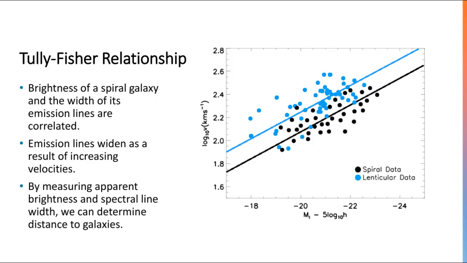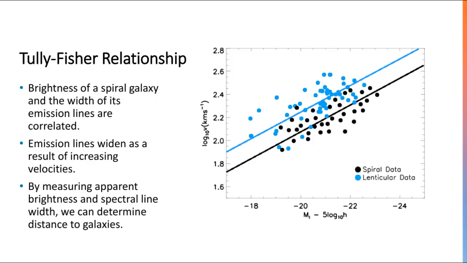So those emission lines widen as the galaxy spins at different rates, and so that's what this graph is showing. So this is the brightness on the x-axis, and you get the velocity of the rotation on the y-axis. And you can see it's not a super great graph, but there is some kind of linear trend in that graph.